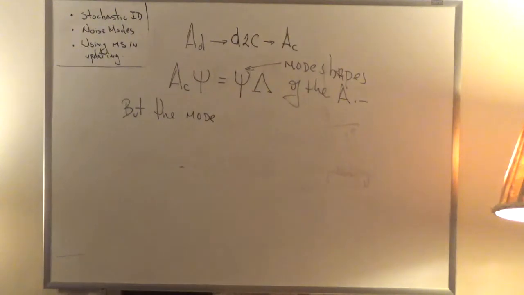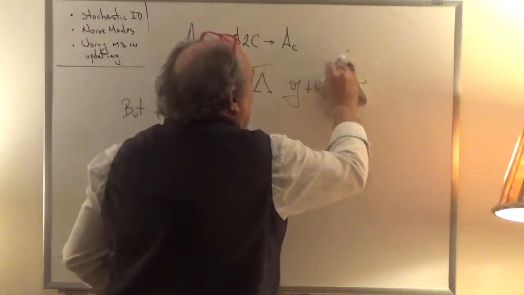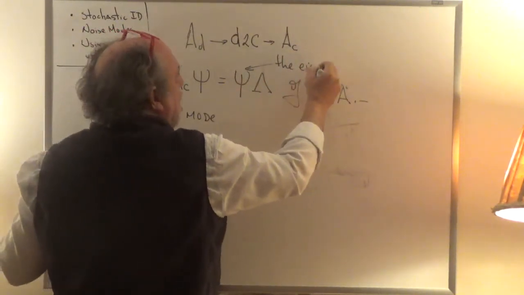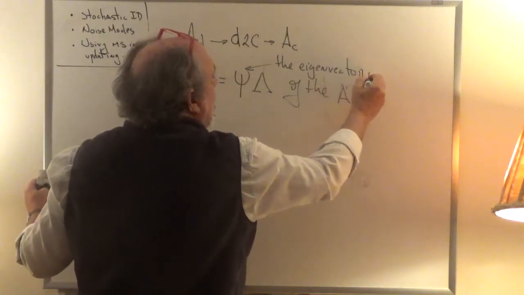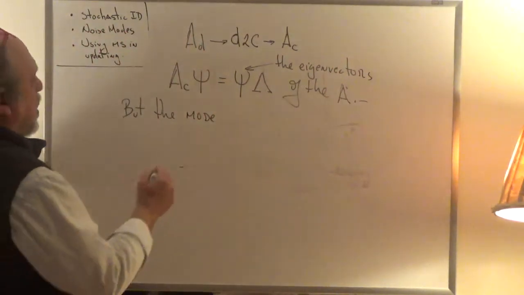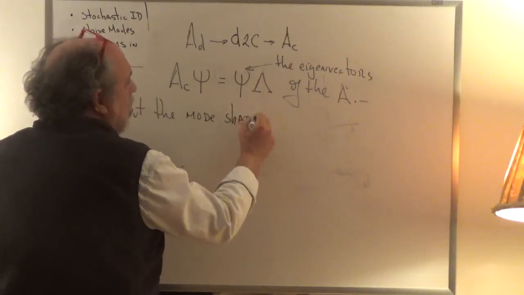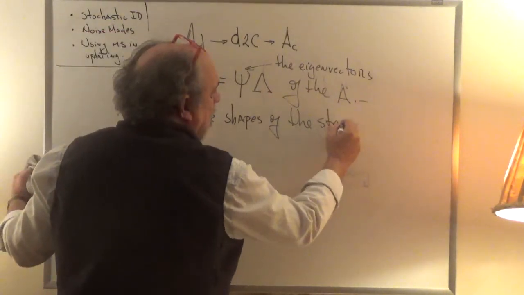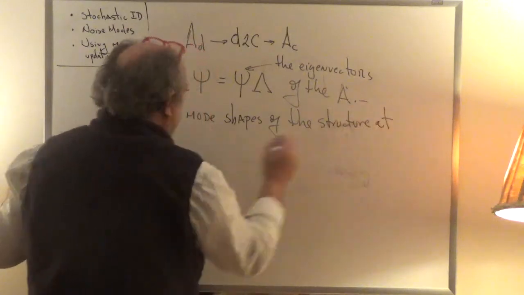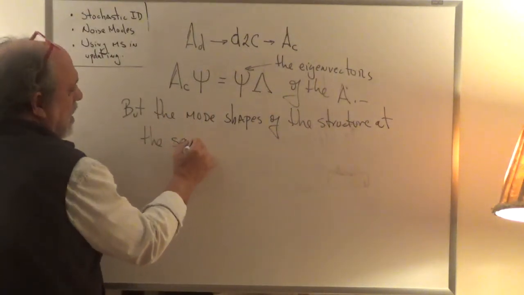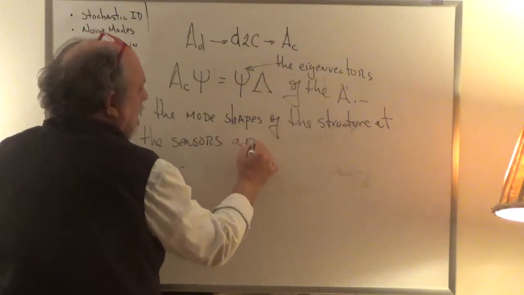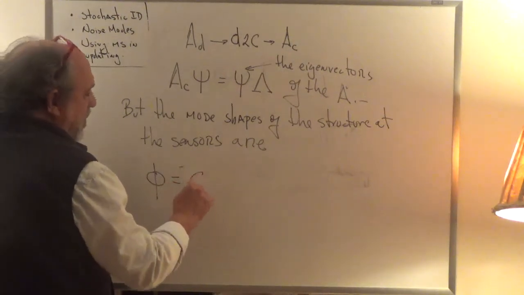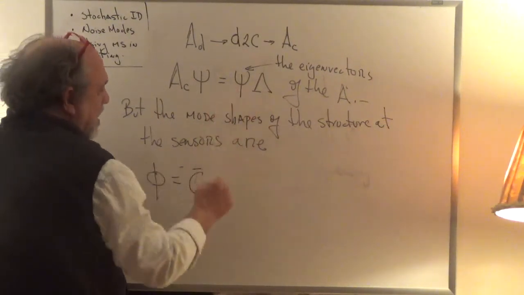Actually, let me be more precise. Instead of saying mode shapes, let me say, it will help, I think, in the language: these are the eigenvectors of the A. But the mode shapes of the structure at the sensors are, let's say we call them phi, the product of the C matrix times these eigenvectors.